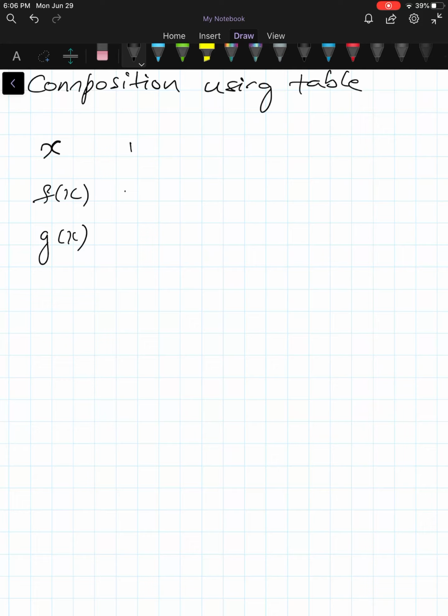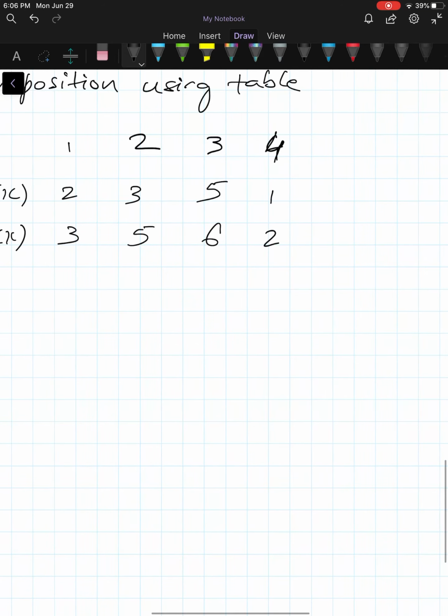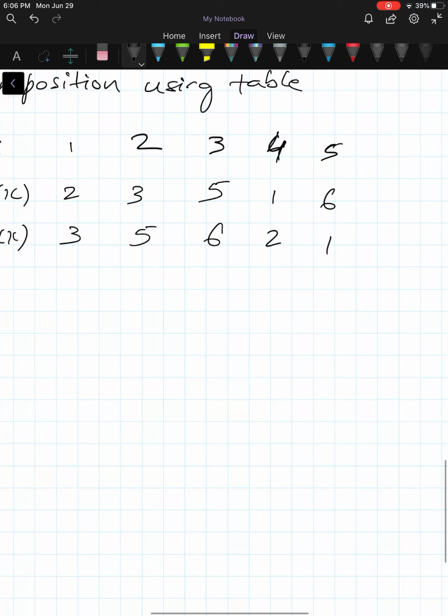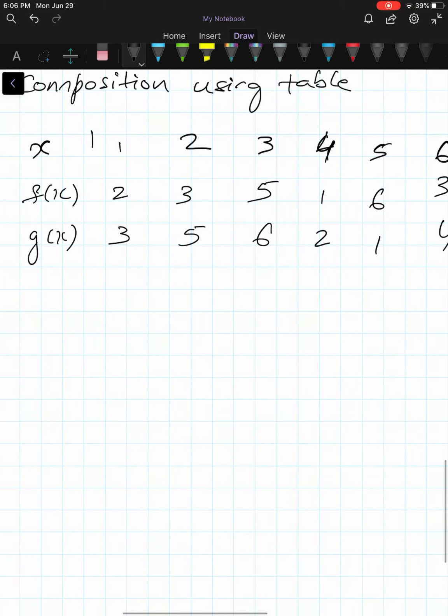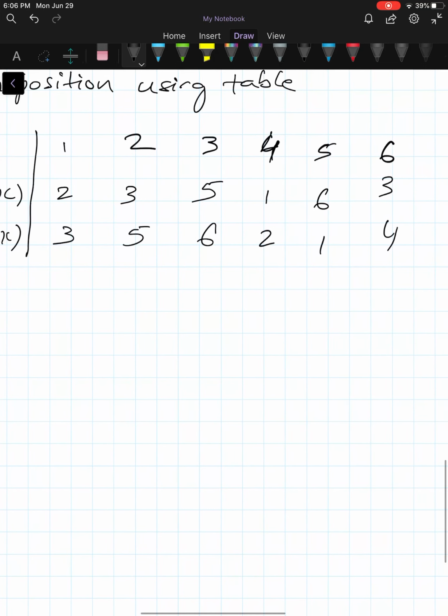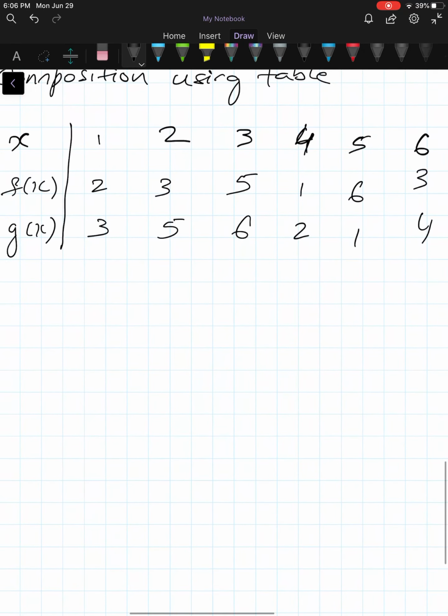What are all the values? 1, 2, 3; 2, 3, 5; 3, 5, 6; 4, 1, 2; and 5, 6, 1; and 6, 3, 4. So these are all a table of values. That is, when x is 1, f of x produces 2 and g of x produces 3. That is what the table of values is saying to us.